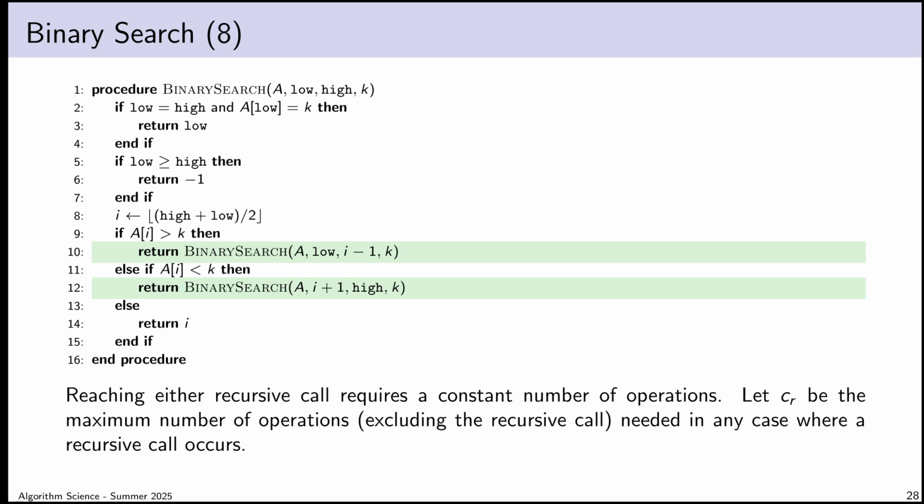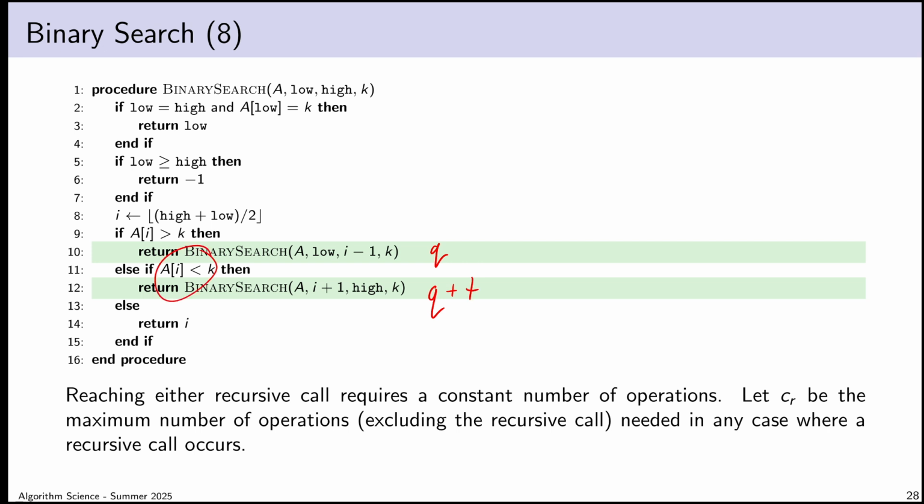And so reaching the recursive call requires a constant number of operations in both cases. We don't want to count them individually, that's a huge pain, but notice that I need some operations for this, I have to do this comparison, and then maybe I do this recursive call. If not, I do this other comparison and then this recursive call. And you can see that I require a few more. If I require like Q operations here, I probably require Q plus T operations to get all the way down here because I have to do this extra comparison.